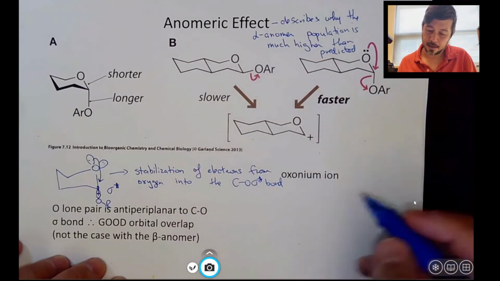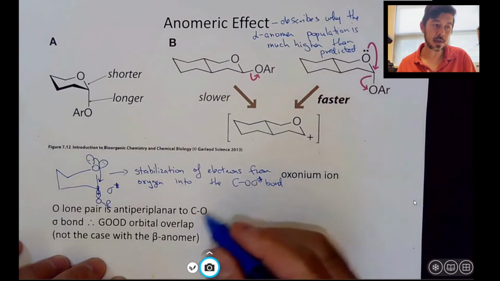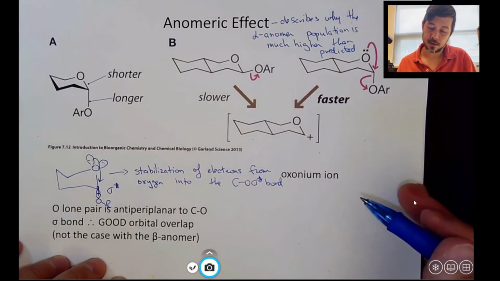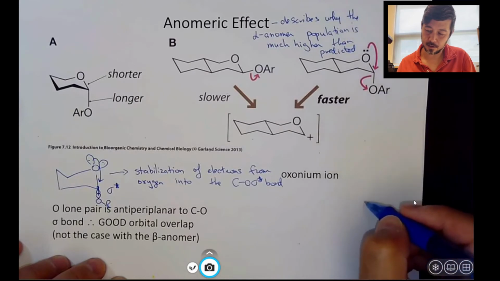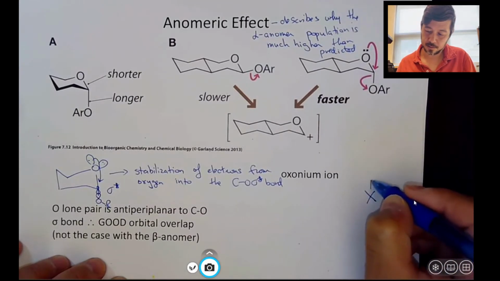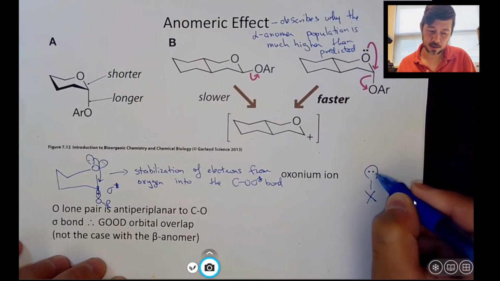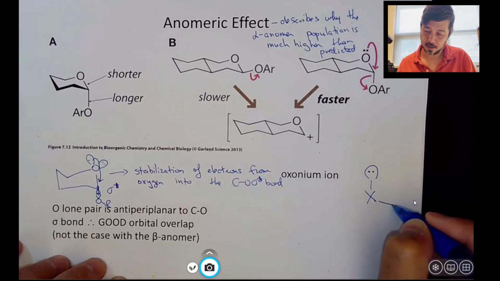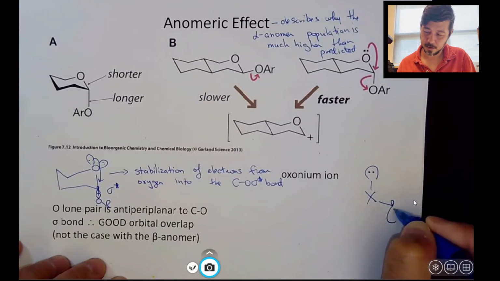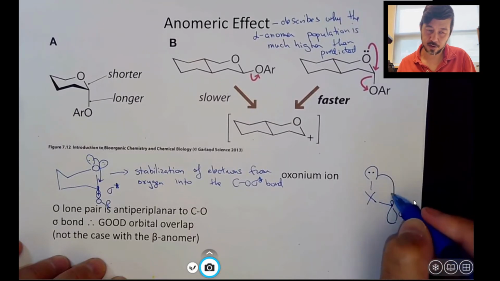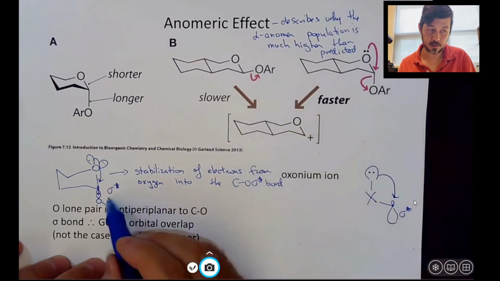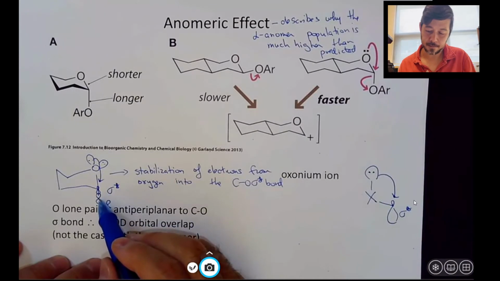And this has to occur in what we call an antiperiplanar orientation. If I draw an analogous type of species, showing that sigma star orbital, you can get donation occurring in that orientation, just like I'm showing over here on the left.